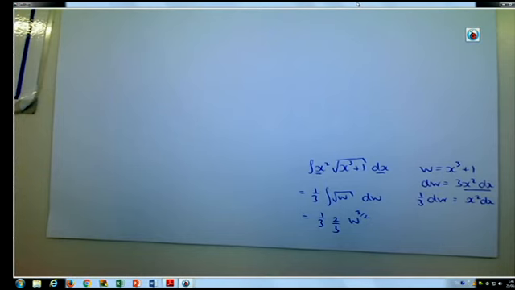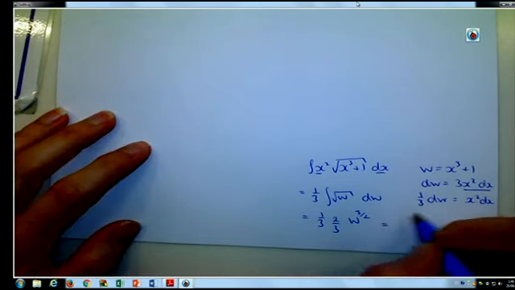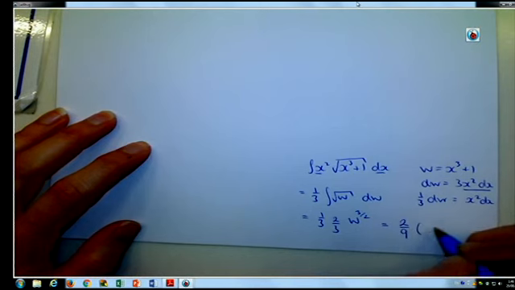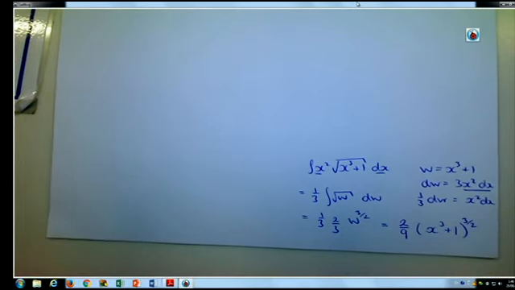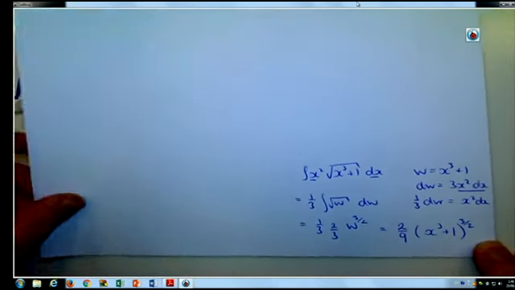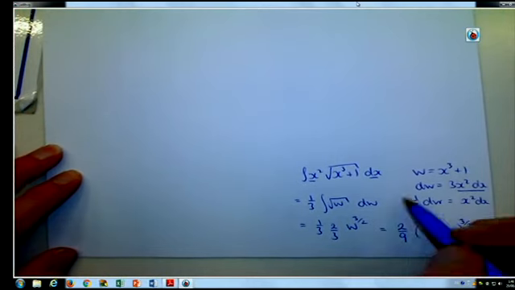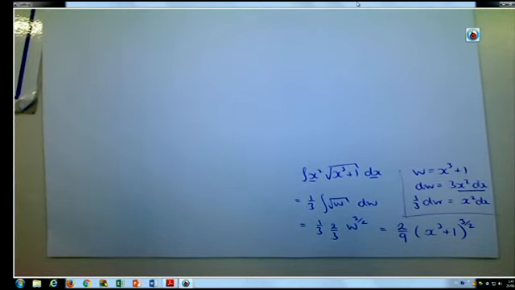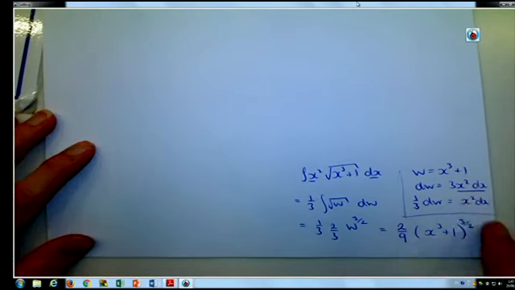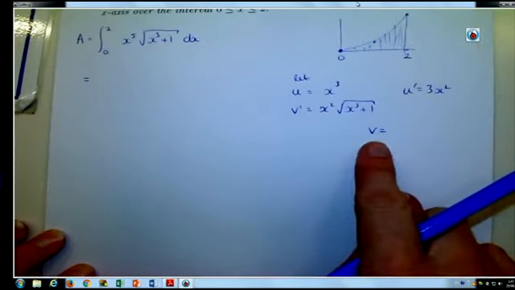So I'm not going to add my plus c till I get right to the very end. x cubed plus 1, 3 over 2. Okay, so I've done a little u substitution so that I can go from my v prime to my v.